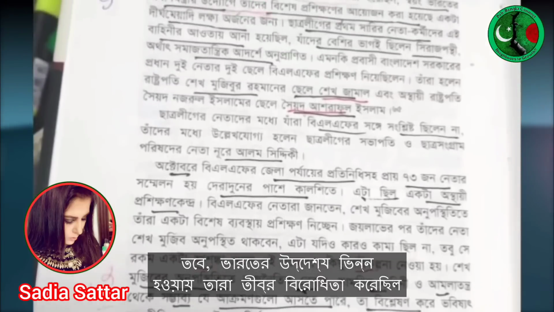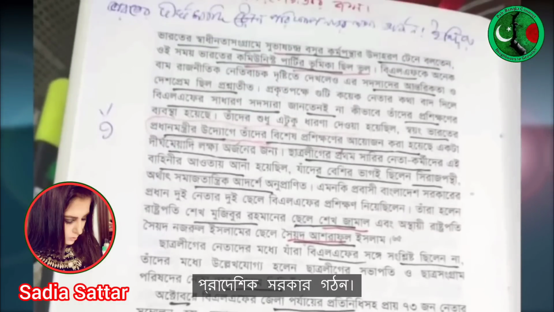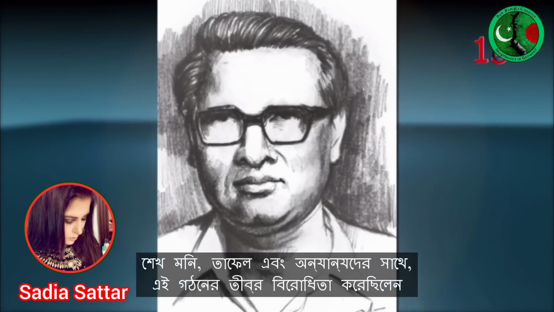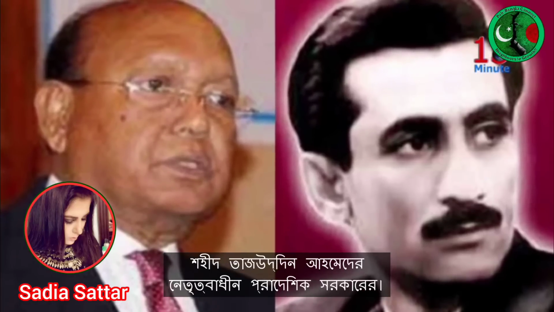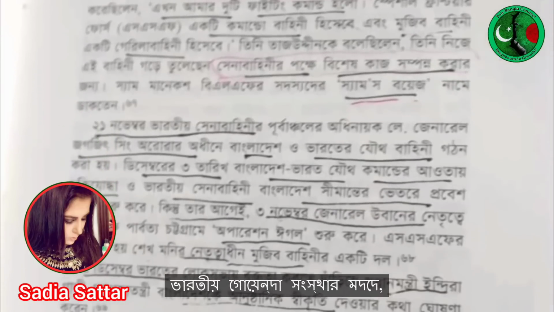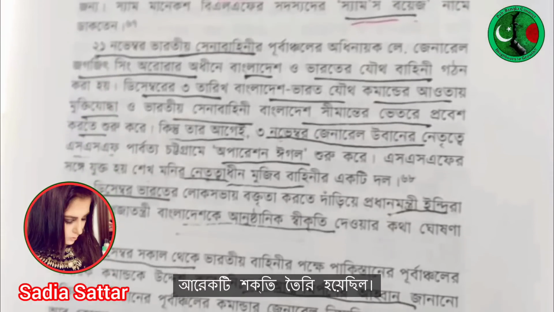However, as India's intentions were different, they strongly opposed the formation of the provisional government. Sheikh Moni, along with Tufel and others, strongly opposed the formation of the provisional government led by Shahid Tajuddin Ahmed. With the backing of the Indian Intelligence Agency, another force was created.